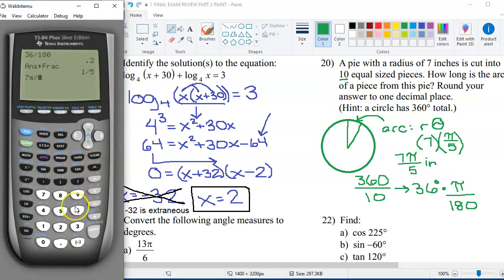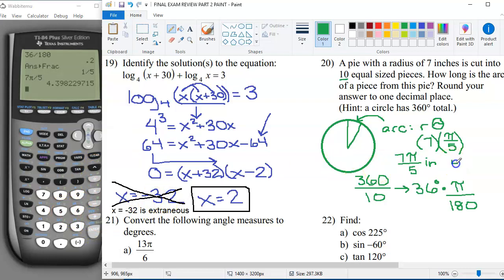I'm going to do 7 pi divided by 5, 4.39, so I am going to say that the answer is 4.4 inches. Again, there are two different ways to do arc length. There's one that we usually talk about in geometry class, but I wanted to go with the one that we did most recently. Okay. So feel free to pause if you're falling behind, but we're going to keep rolling here.